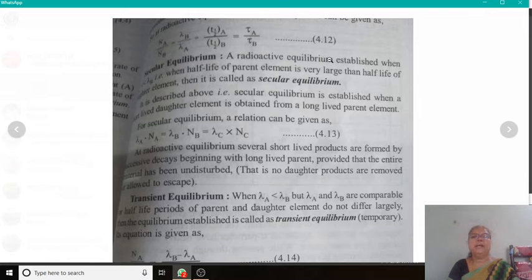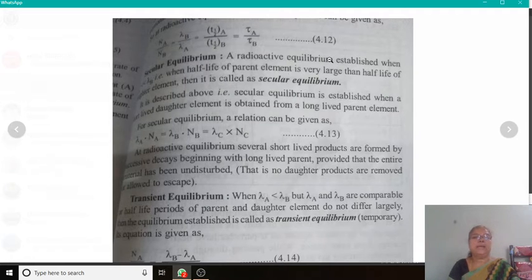You know, radioactive equilibrium is established when lambda A is very much less than lambda B. That means when the decay constant of the parent element is very small compared to that of the daughter element, that is, the half-life of the parent is very large, it is said to be a secular equilibrium.